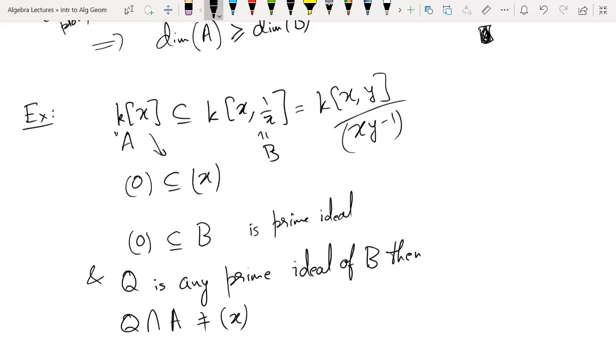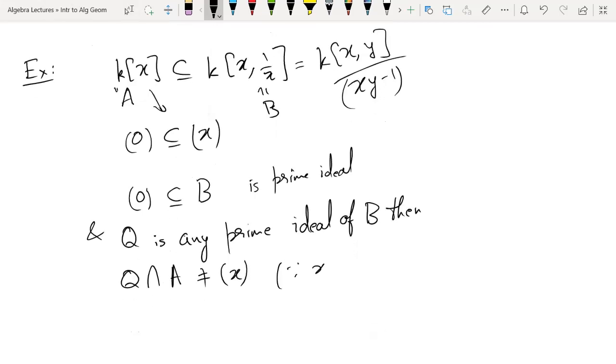Why can't we have any prime ideal in B which will contract to this prime ideal in A? Because if x belongs to Q, then we multiply by 1/x and 1 will belong to Q. That means a unit is in Q, but prime ideals are proper ideals. So that can't happen since x is a unit.